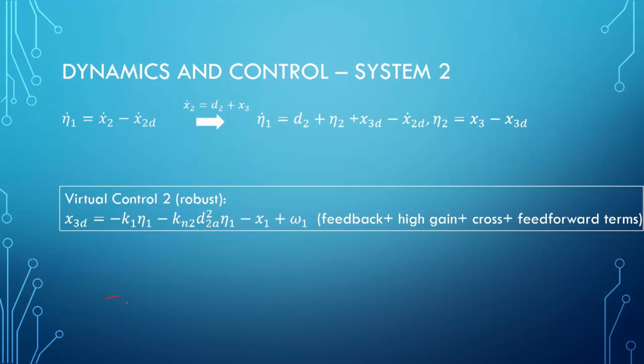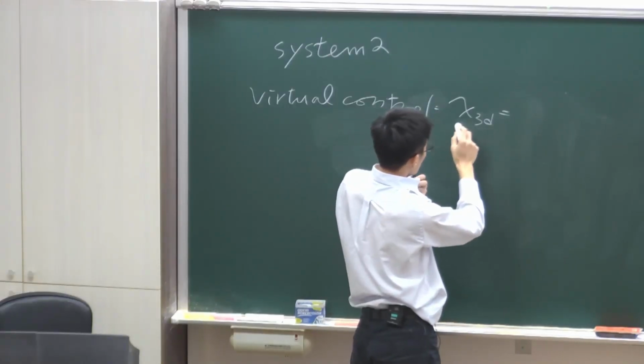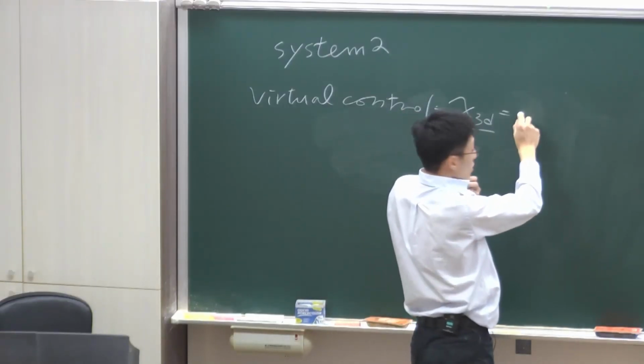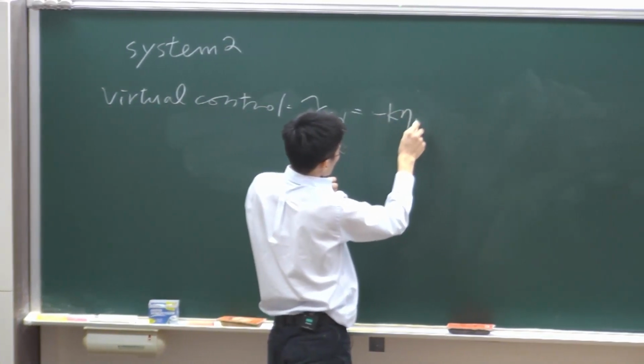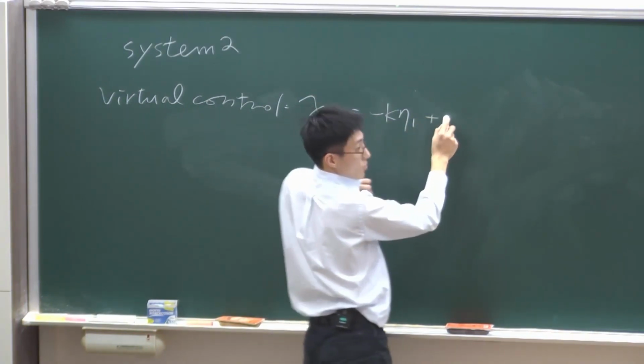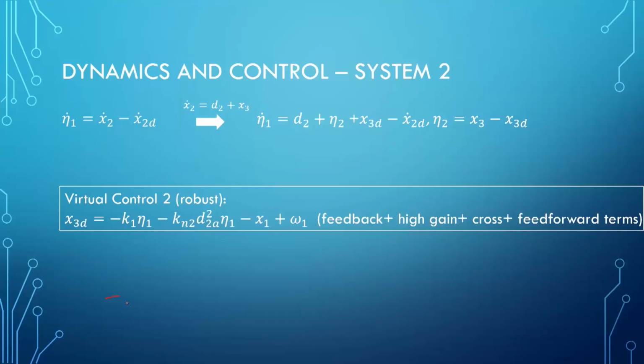And x2d is the virtual control of the previous system, right? If you design x2d as a sine function, the time derivative of x2d won't exist. You design the virtual control for the second system with feedback terms, okay, and some term which is to cancel out this x2d, right?